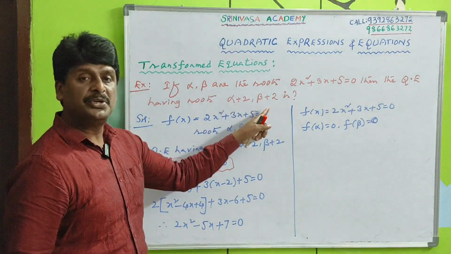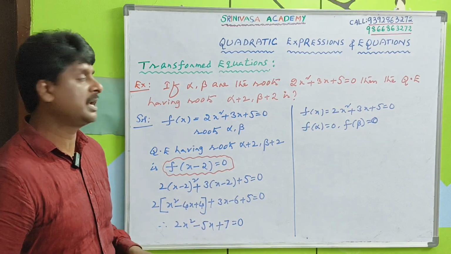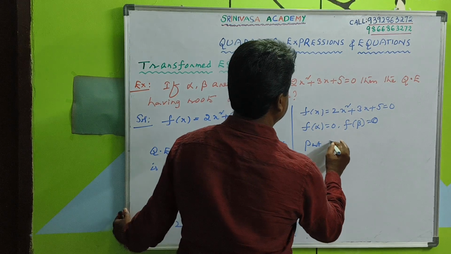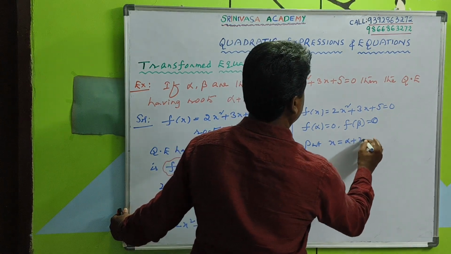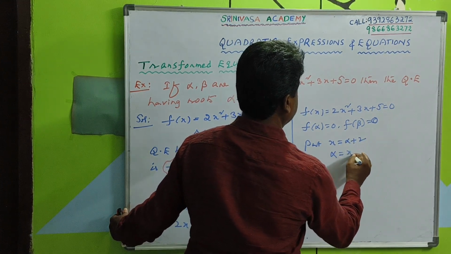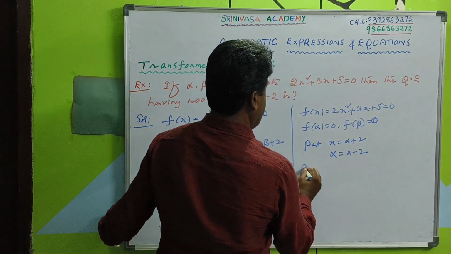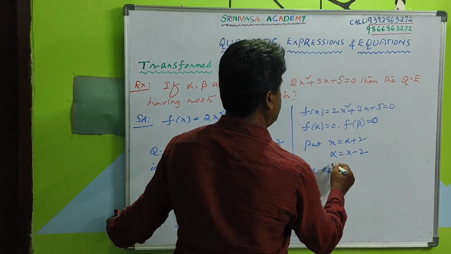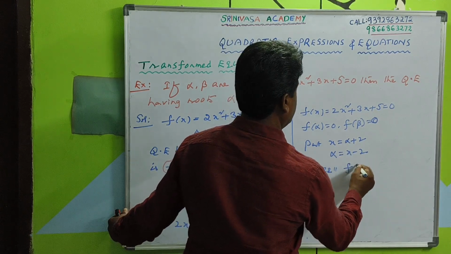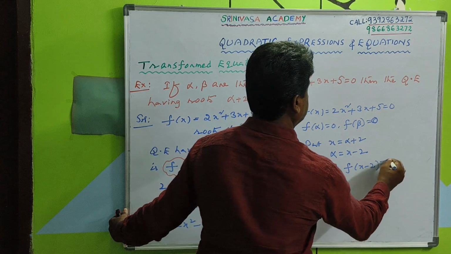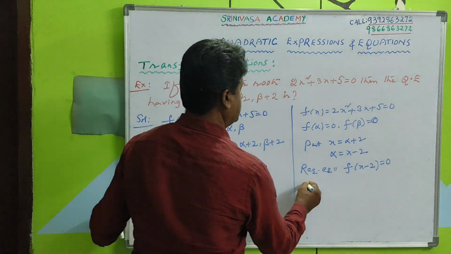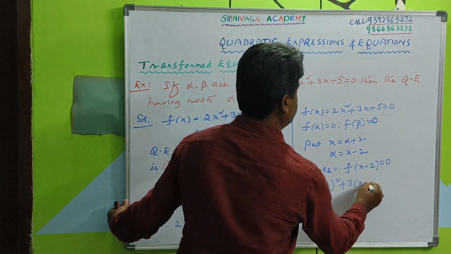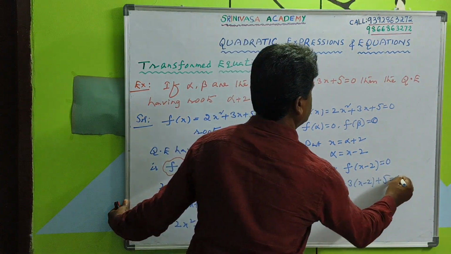In order to find a new quadratic equation with roots alpha plus 2 and beta plus 2, put x is equals to alpha plus 2, alpha is equals to x minus 2. As alpha is a root of this equation, in place of alpha we have to write x minus 2. That is 2 times of x minus 2 whole square, 3 times of x minus 2 plus 5 is equals to 0.